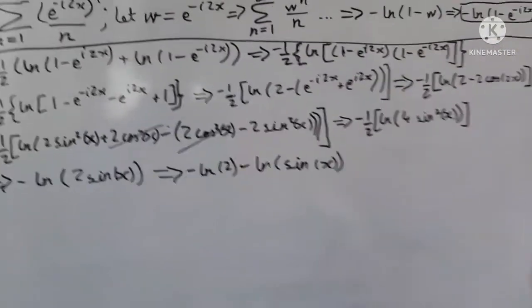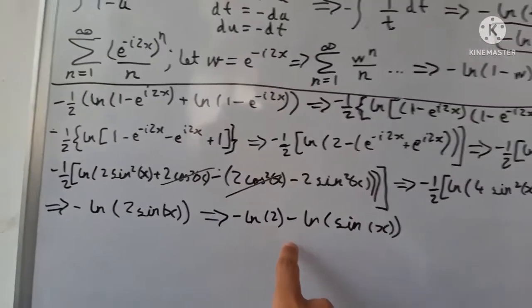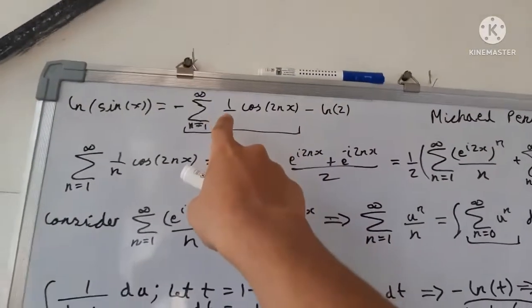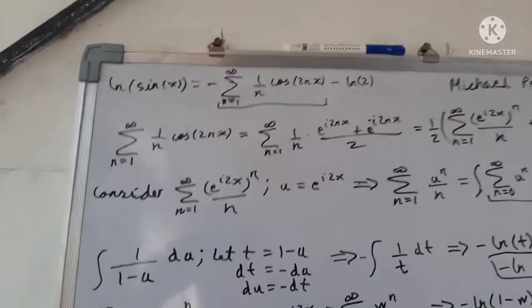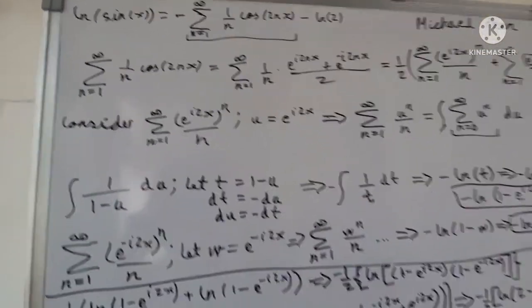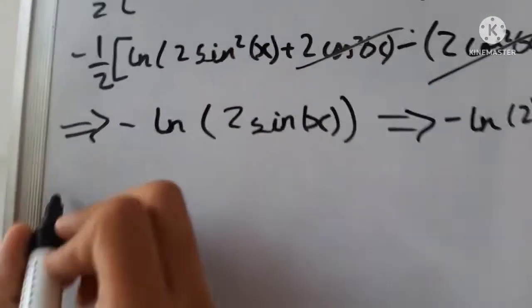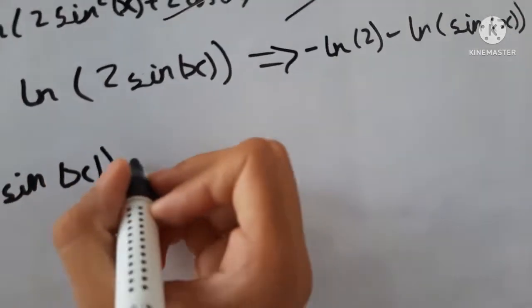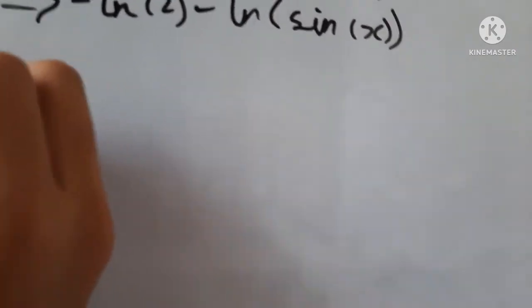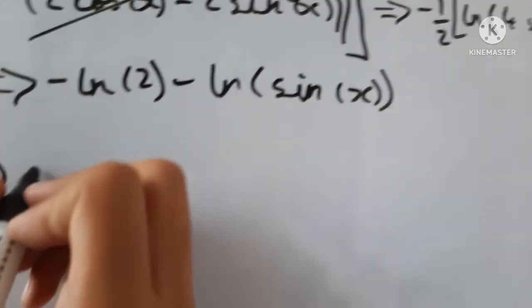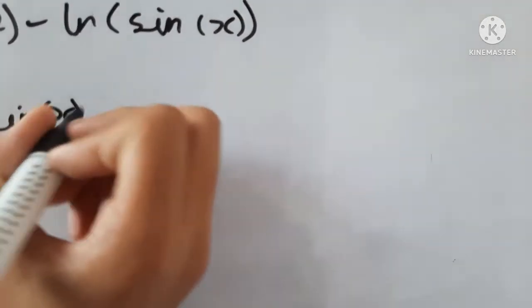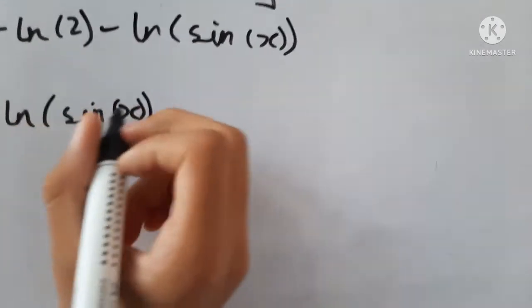Okay, so now we're pretty much done. Now we just have to plug this in, and we have to remember that this thing that we have here is equivalent to this sum, right? So plugging that in there, we get ln of sine of x is equal to negative of negative ln 2 minus ln sine x, that's closed off.